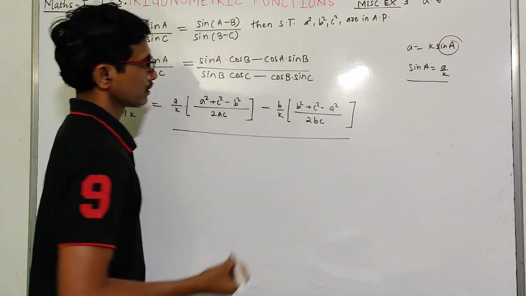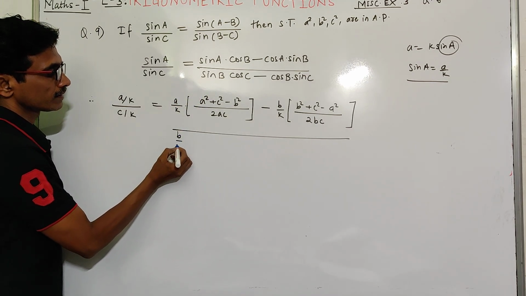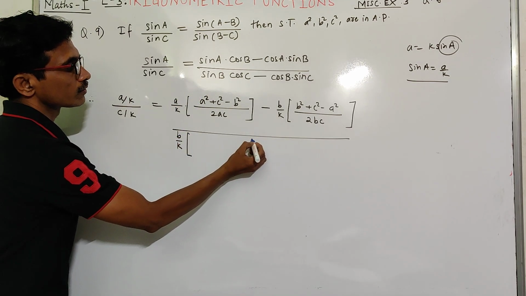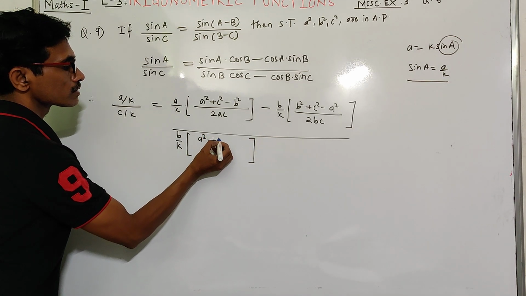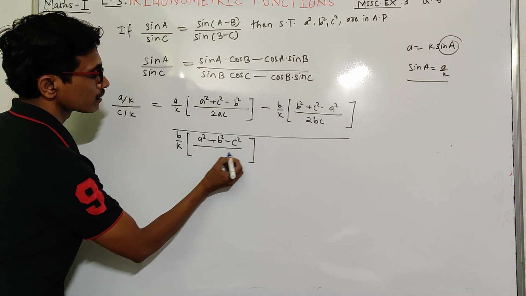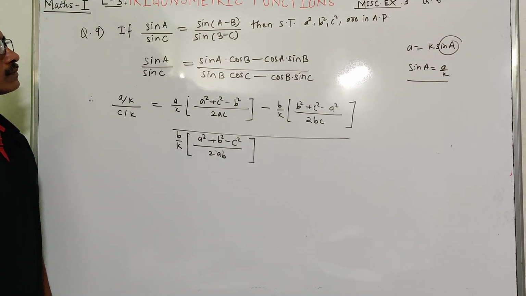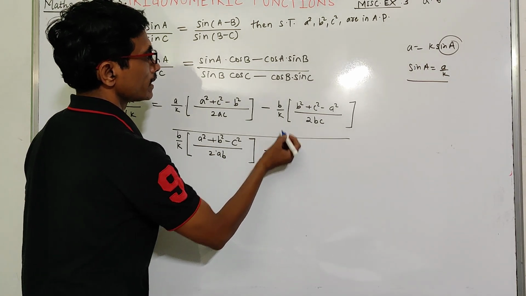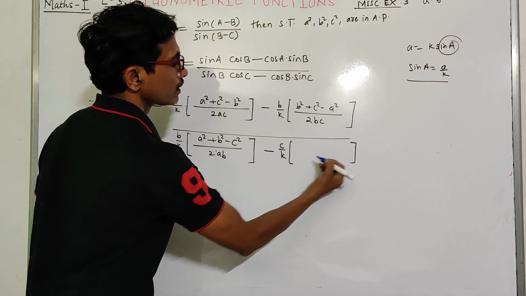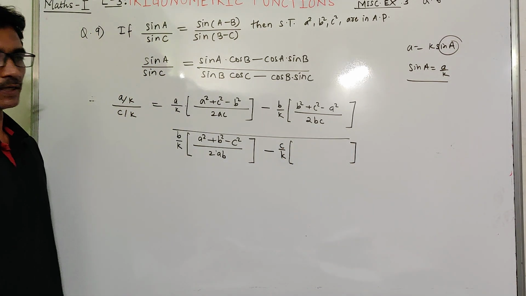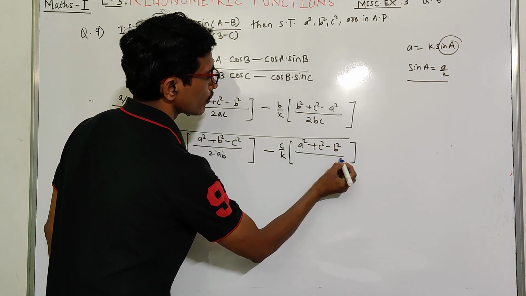Denominator same, that is sine B is what? b upon K. Cosine rule we use, cos C is (a square plus b square minus c square) upon 2ab, minus sine C, c upon K, cos B is (a square plus c square minus b square) upon 2ac.